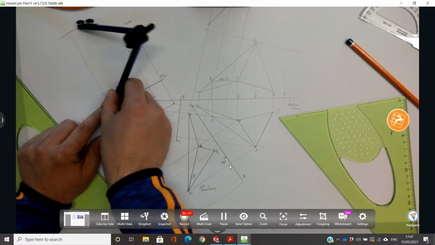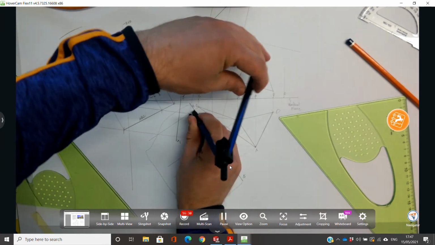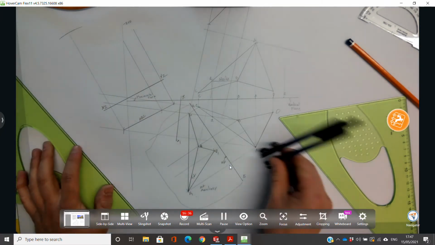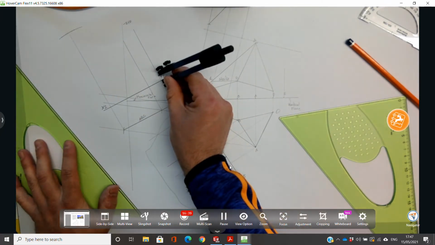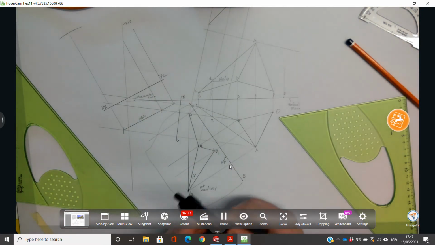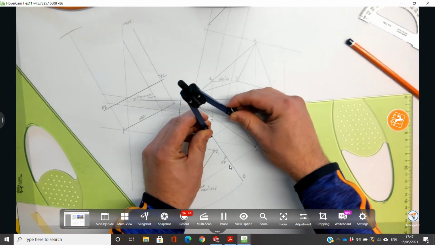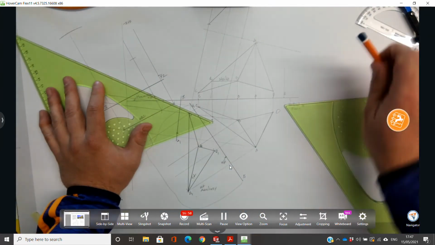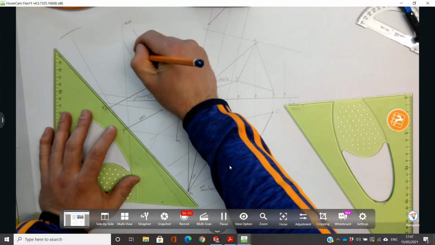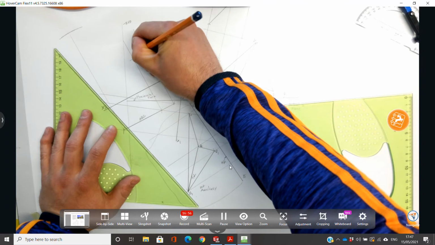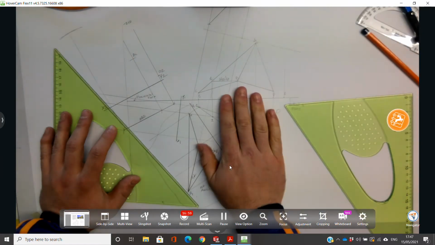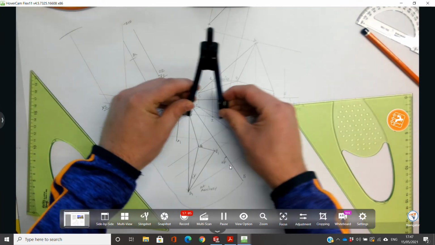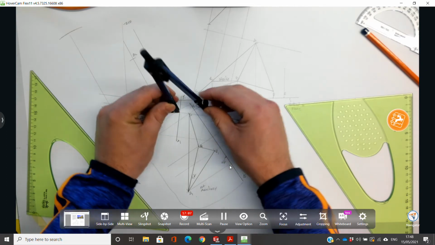So there's for point A. C. B. C2. B2. Please tell me I was doing exactly what I said not to do. Was I? B. There, I think I've done exactly what I said not to do.